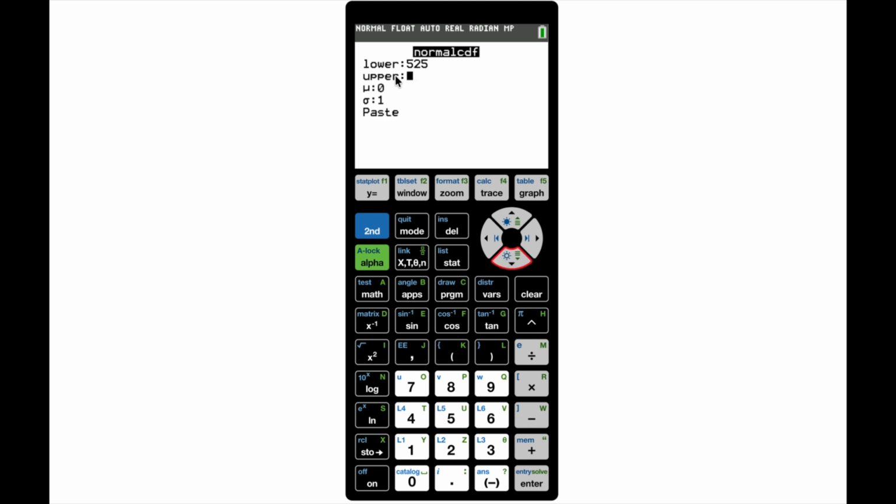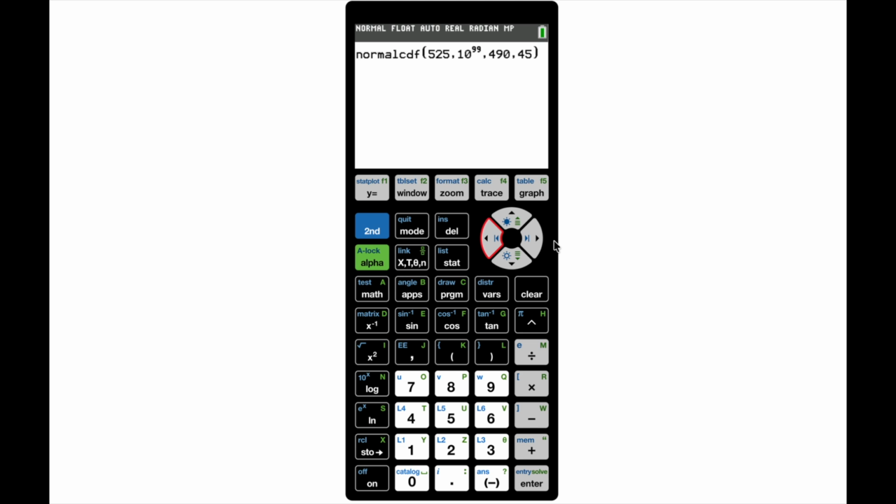My upper bound is 10 to the 99th power, 10 raised to 99. Mean is 490, and standard deviation is 45. Highlight paste and press enter.